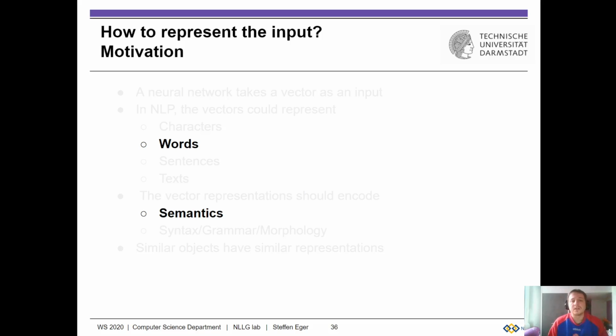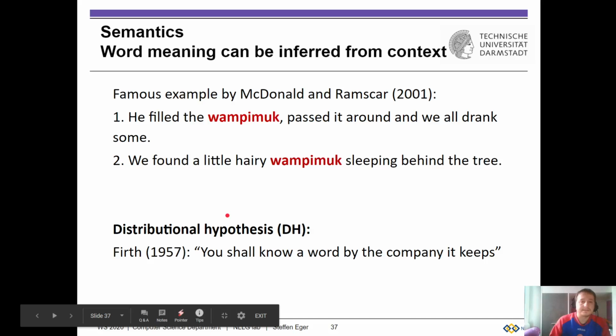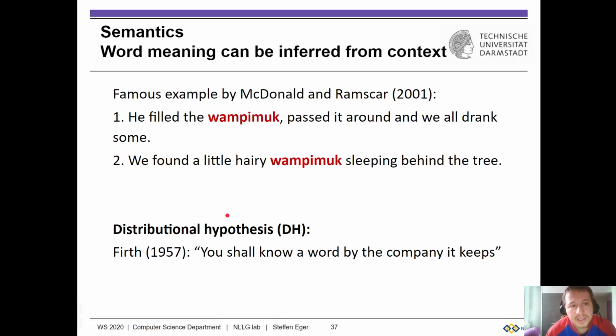A classical scenario involves just looking at words and looking at their semantics. So now, how do we infer the meaning? Semantics is the field of studying the meaning, and let's now say we are talking about words.